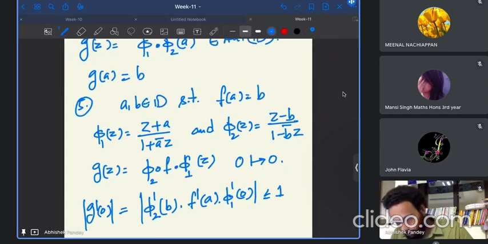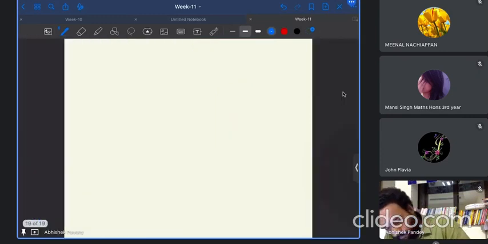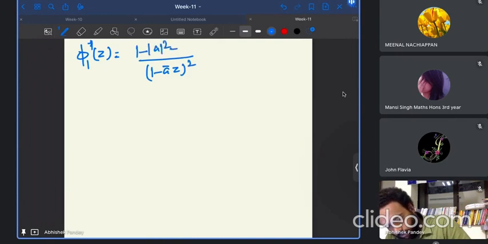What is phi 2 dash of b? So phi 1 dash of z, if you calculate, is (1 minus mod a square) upon (1 plus a bar z) square.